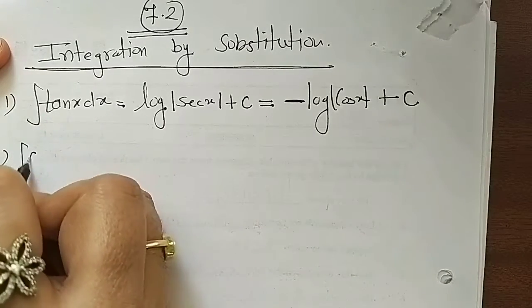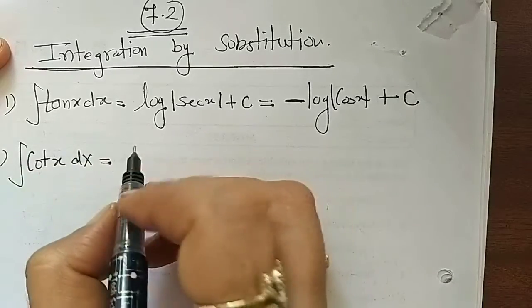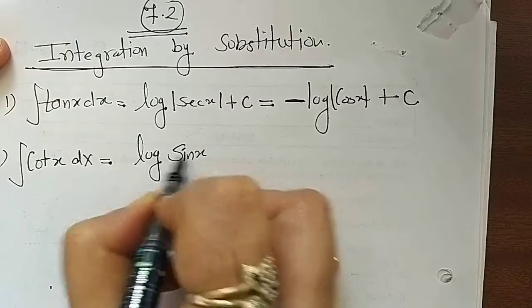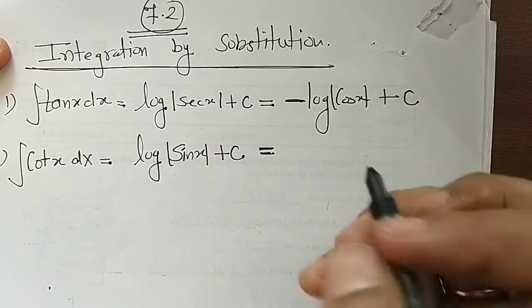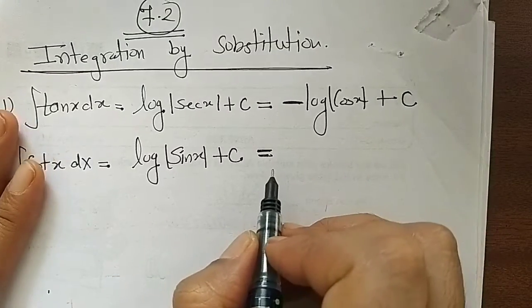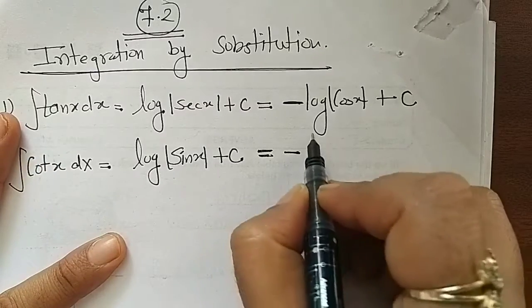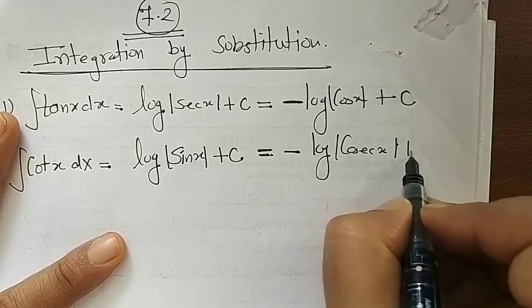The second formula is integration of cot x dx. Remember, guys, its integration is log of sin x plus c, or there is one more formula, which is minus log of cosec x plus c.